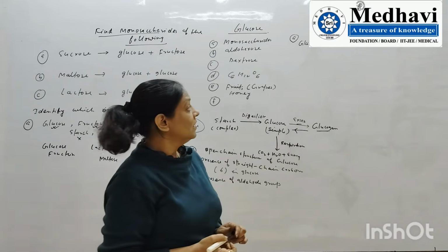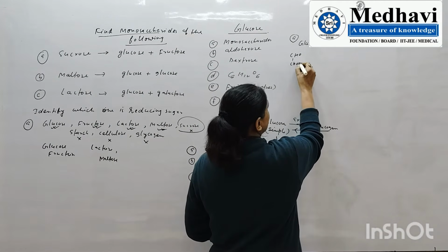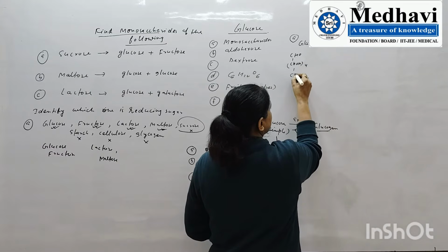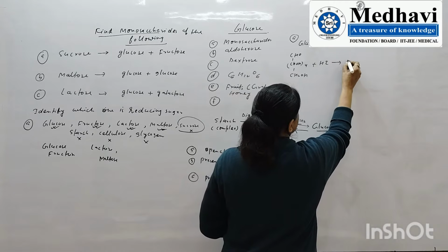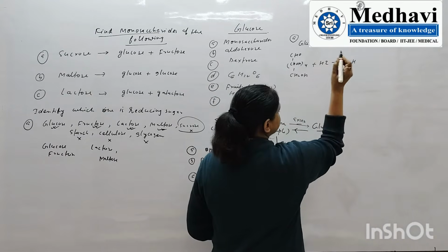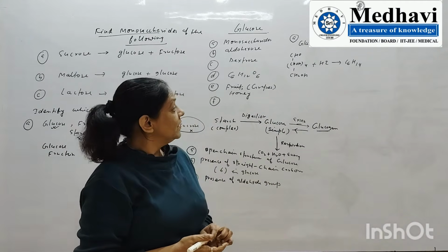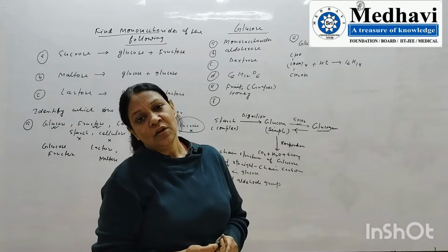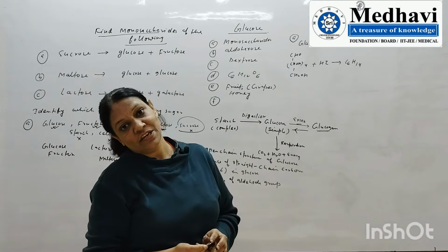Hexane has 6 carbons. So if you write its structure, CHO, CHOH 4, CH2OH. If it is heated for a prolonged time with HI, then it gives C6H14. So this reaction shows that glucose has 6 carbons and they are arranged in a straight chain form.